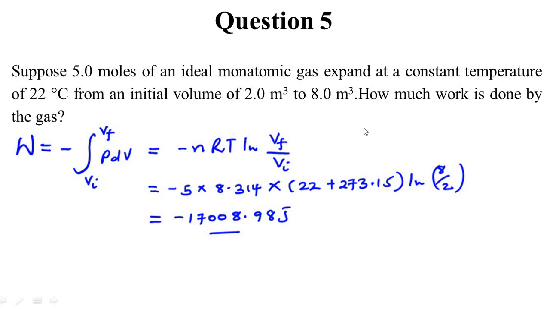Making P the subject, we have P equals nRT over V. Now, if you substitute for P with nRT over V, you end up with 1 over V as the variable to integrate. And when you integrate a reciprocal, that translates into a natural log of that variable.